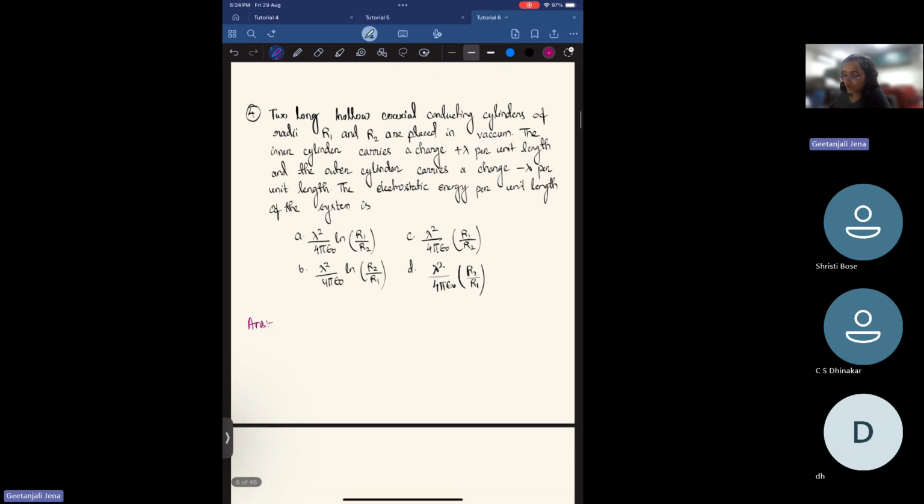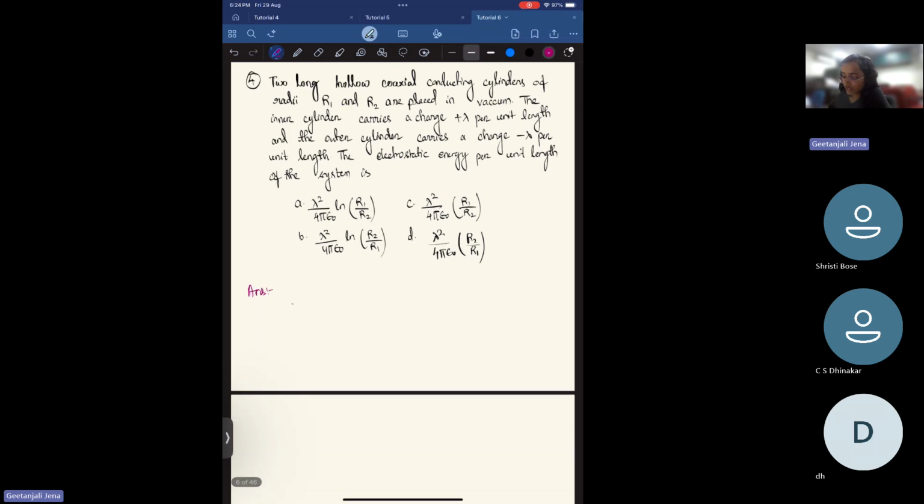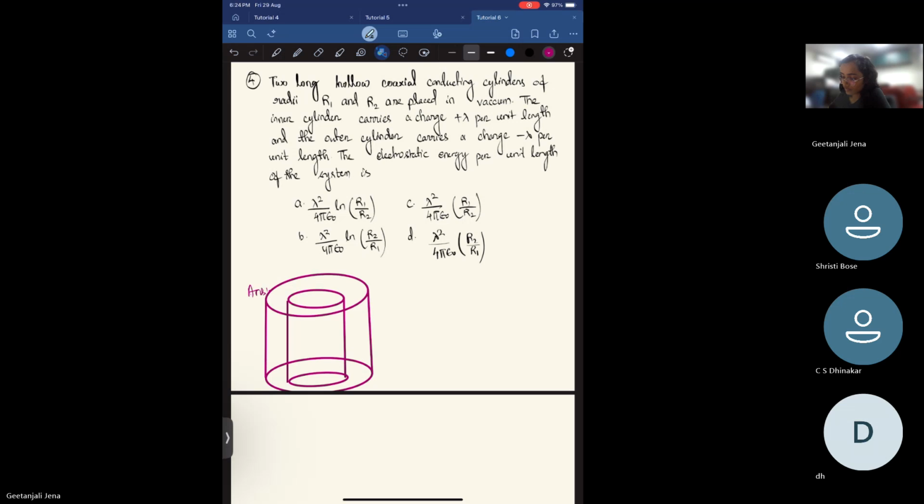So we have a hollow cylinder which has surface charge distribution plus lambda and minus lambda. Inner one is radius R1, the outer one is radius R2, and inner one carries charge plus lambda, outer one carries charge minus lambda.